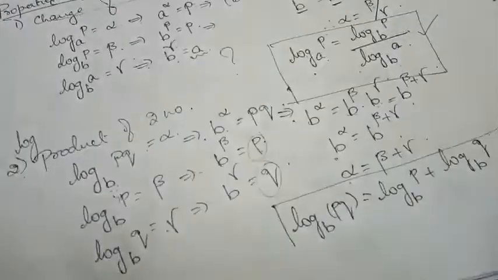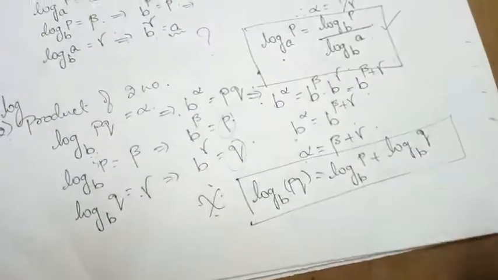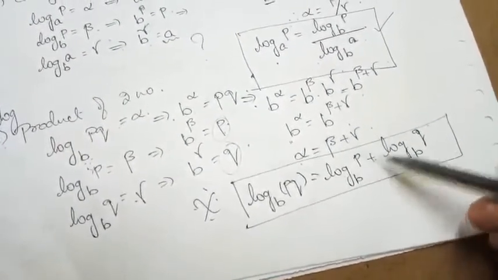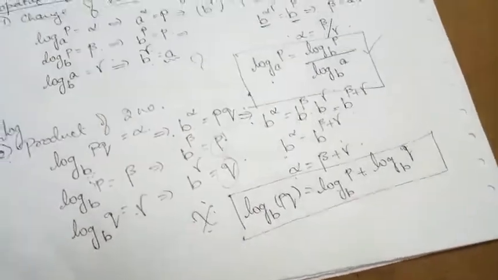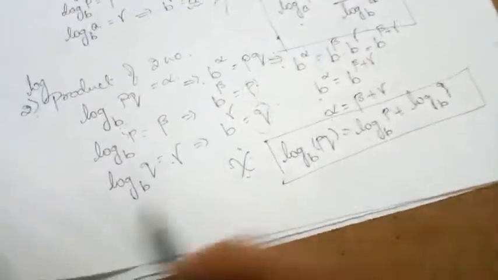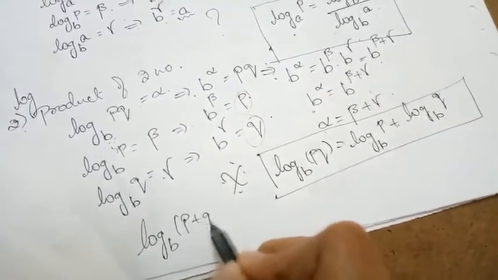So this is one of the very important properties of a logarithmic function. Log base b of pq is equal to log base b of p plus log base b of q. Sometimes people might get confused with log base b of p plus q.